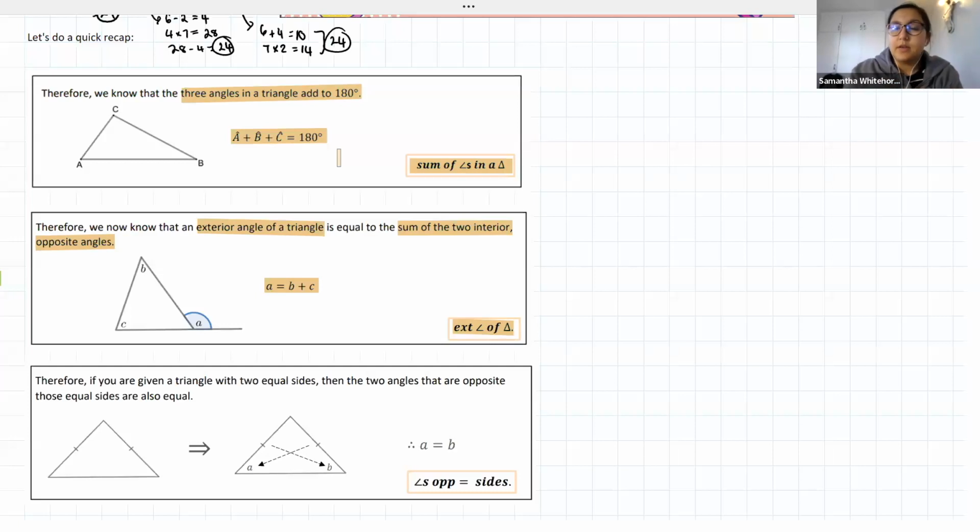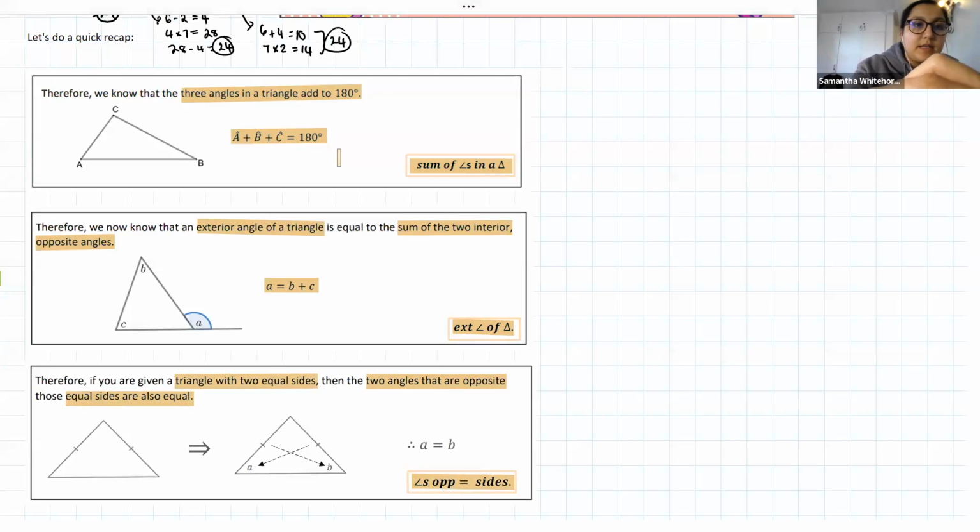All right. And then the third reason that we had a look at, nearly said yesterday, on Monday, is the fact that if we have a triangle with 2 equal sides, so in essence, an isosceles triangle, the 2 angles opposite the equal sides are also equal to each other. And this was our reason, angles opposite equal sides.